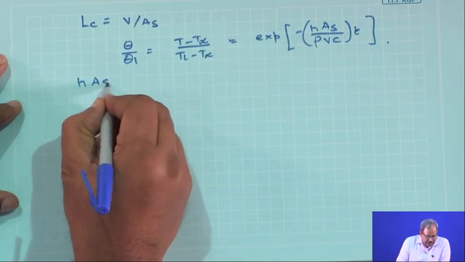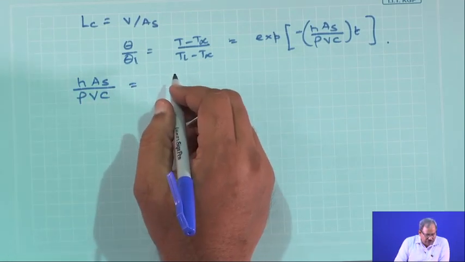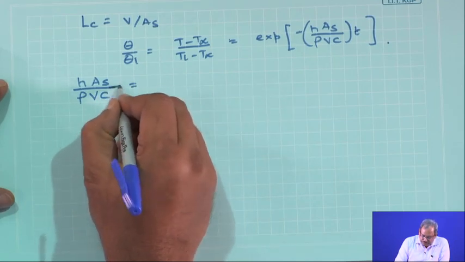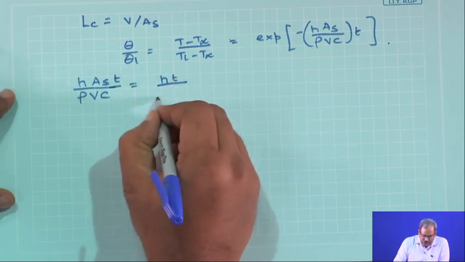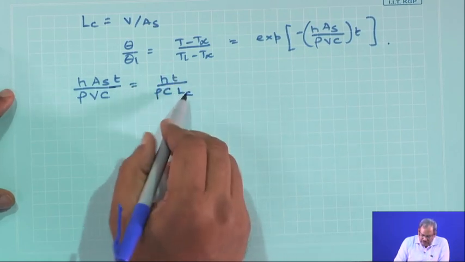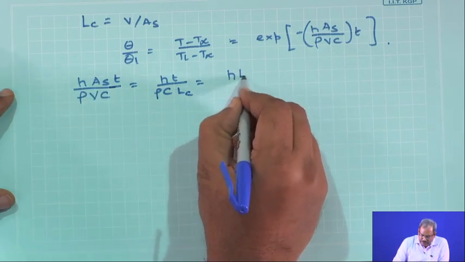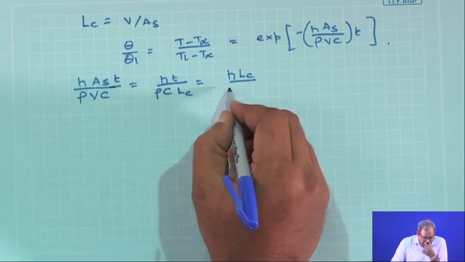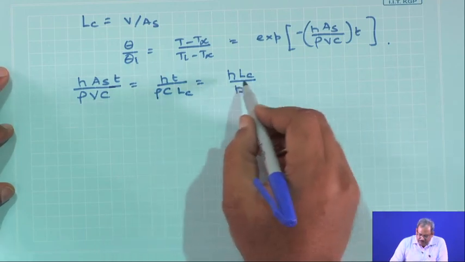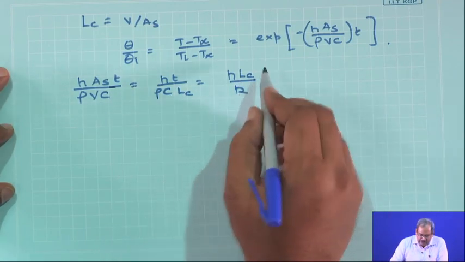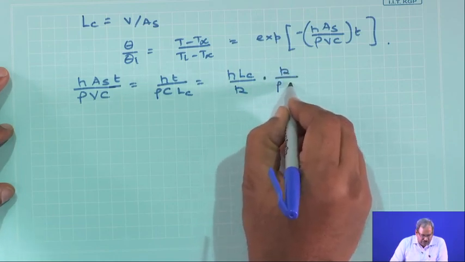This H A S by rho V C can be expressed as H T by rho C L C, where L C is V by A, the characteristic length. So, this is H L C by K. I am bringing an L C in the numerator, so it becomes H L C, and I am bringing a K in here as well.